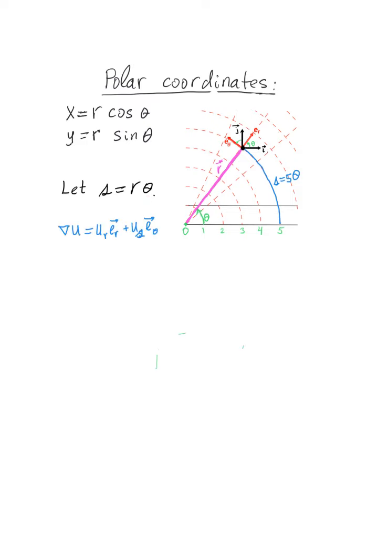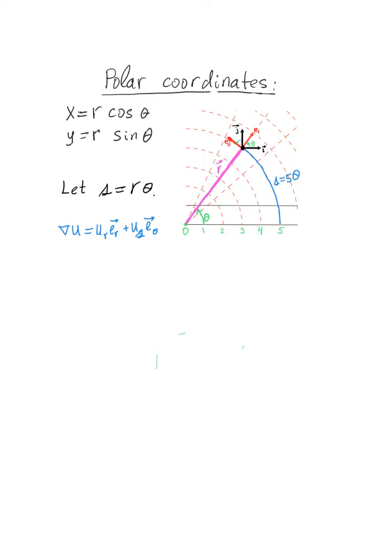Okay, so first observe that since the coordinate system er, e theta is orthonormal, the gradient vector, gradient of u, has coordinates: the partial derivative of u in the radial direction plus the partial derivative of u in the tangent direction.